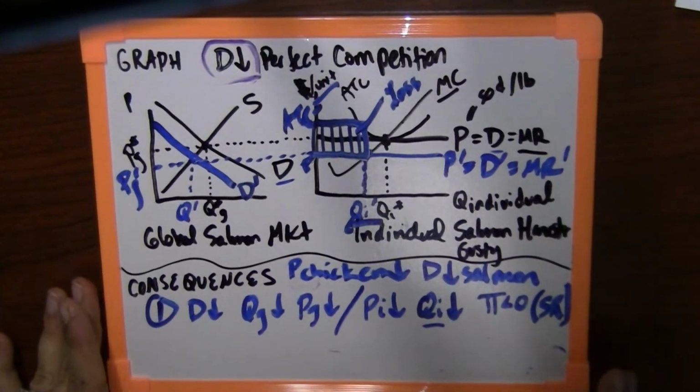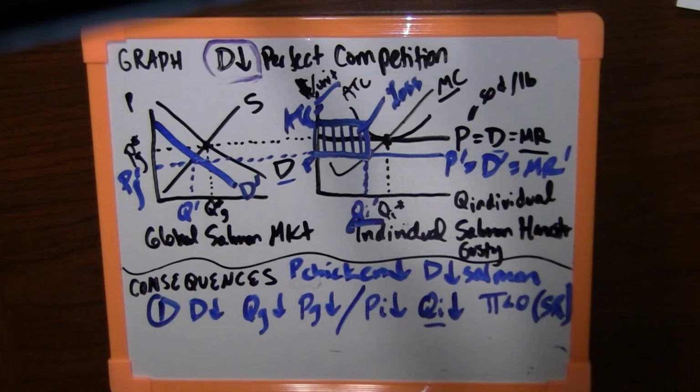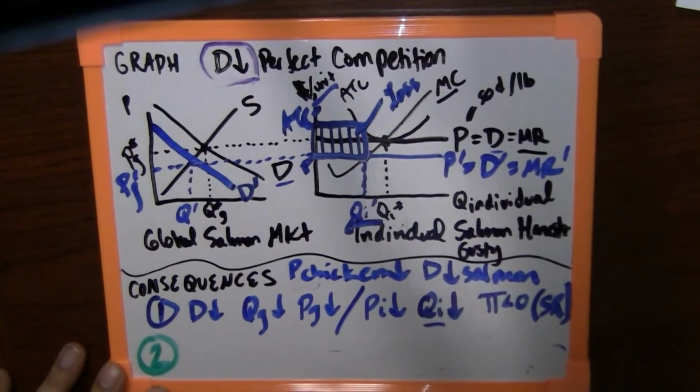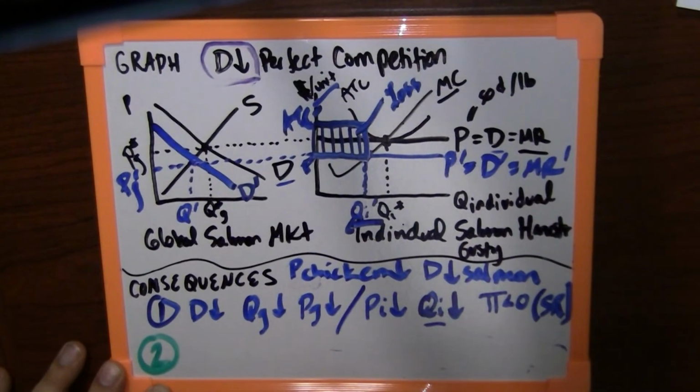But in perfect competition, the short run is never the end of the story. The long run is always about either entry or exit. So long run consequences in green is that if the average individual is losing money because now everyone's eating chicken instead of salmon, people start exiting.